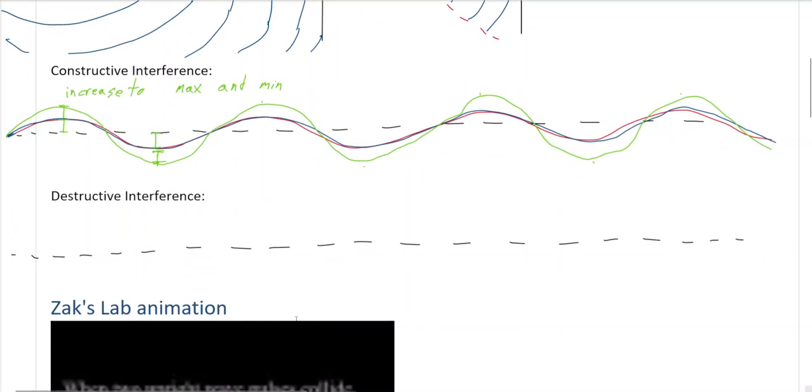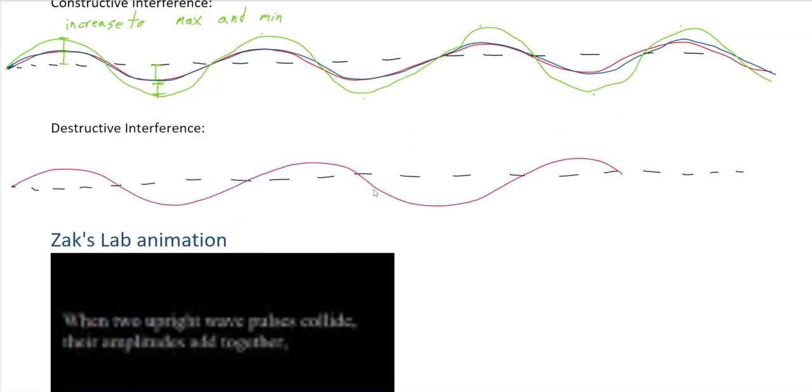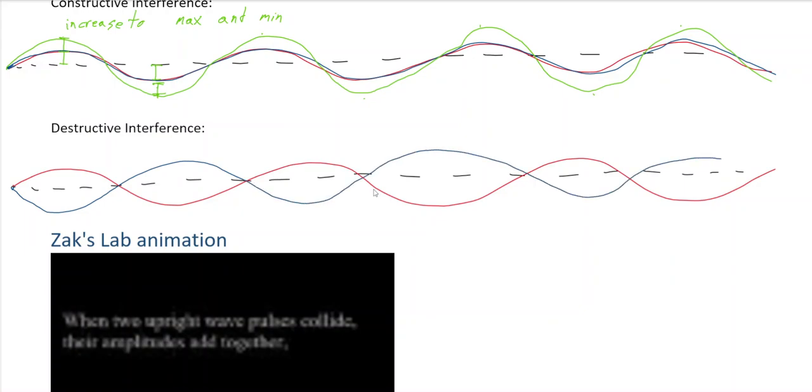Okay, so then we look at destructive interference. Destructive interference is kind of similar, so we're going to start with this red wave. Wow, that's not very good. Okay, we start off with that red wave, but instead, and we always add the amplitudes together. Now, if one has a positive amplitude and one has a negative amplitude, you can hopefully see that they are going to destructively interfere.